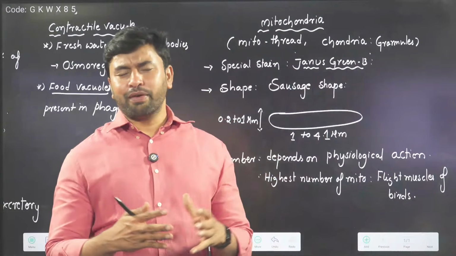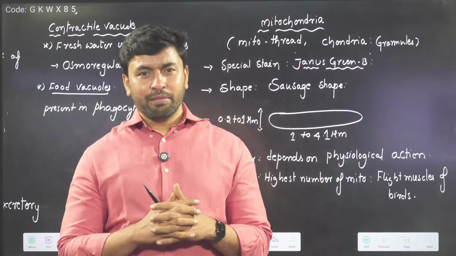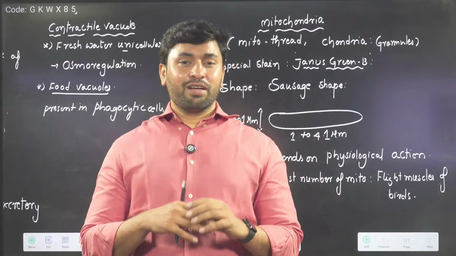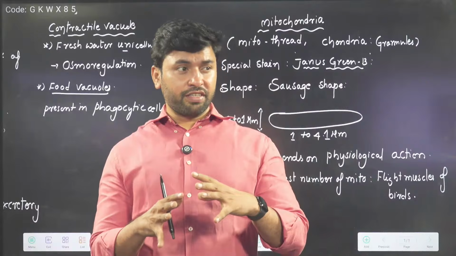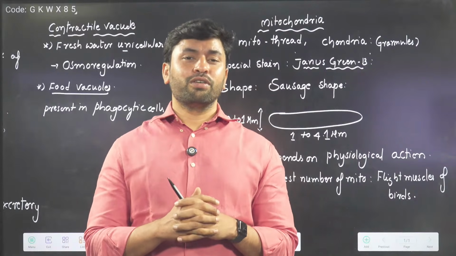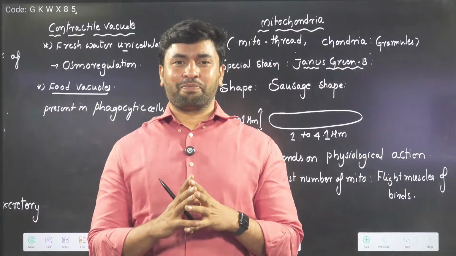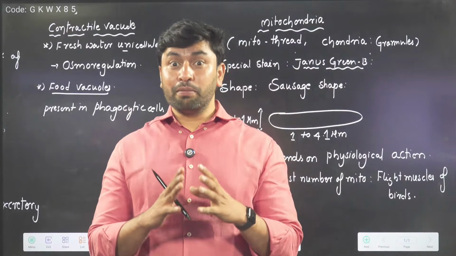Our heart rate is approximately 100 beats per minute on average. The hummingbird, in a physiologically inactive resting state, has a heartbeat rate of around 1000. It may even go up to 1300 times per minute.